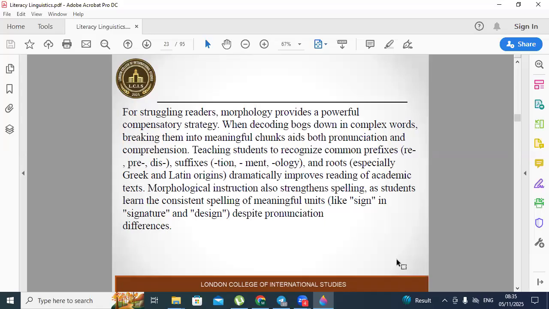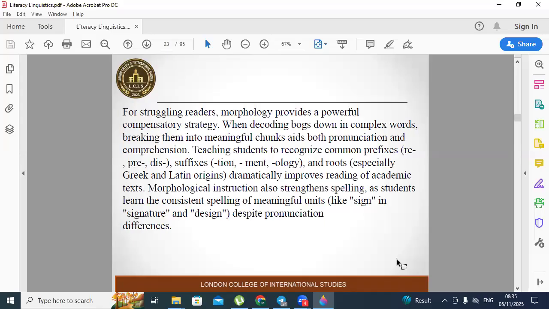Morphological instruction also strengthens spelling. Students learn the construction and spelling of meaningful units like sign, signature, and design. Despite pronunciation differences, the silent G makes sense when you understand the morphological relationship.